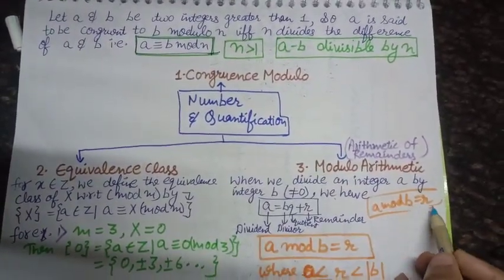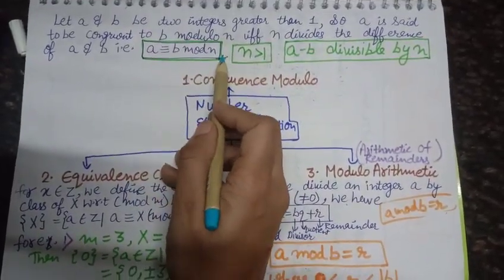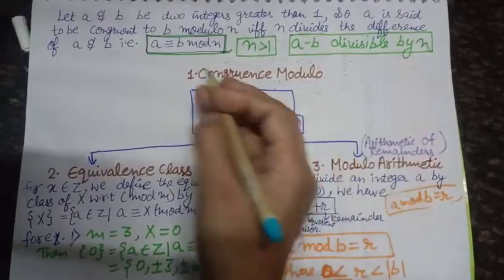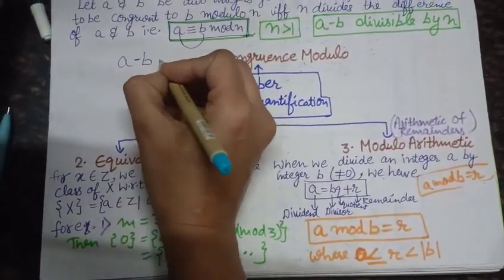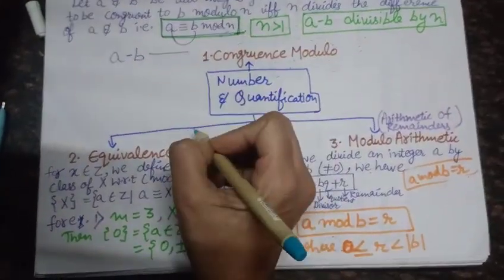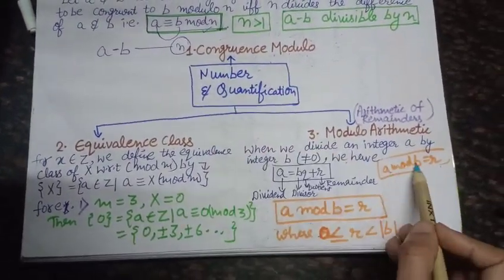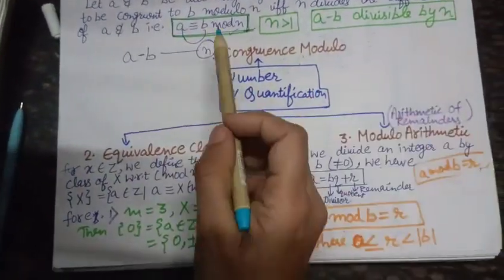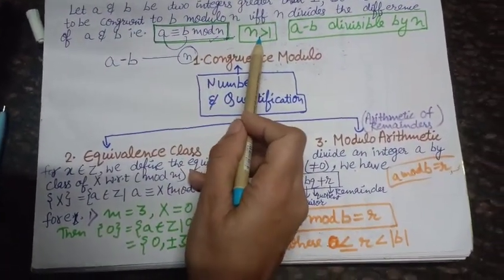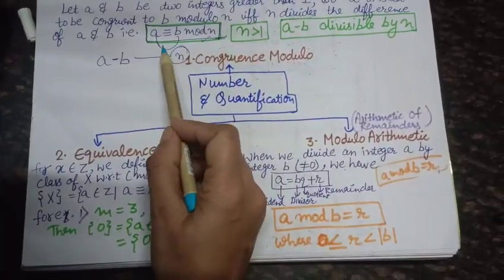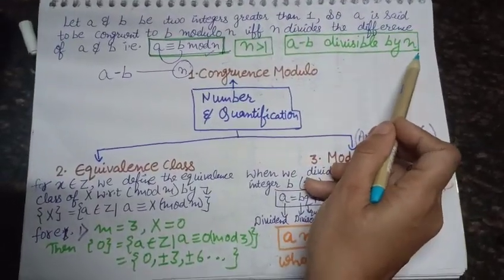Instead of writing A mod B equals R, we can write it as A ≡ B mod N. And congruency modulo says if I subtract A and B, that means A minus B, it is always divisible by N. This is congruency modulo, where the value of N is always greater than 1 and their subtraction is divisible by N. So A minus B is divisible by N.